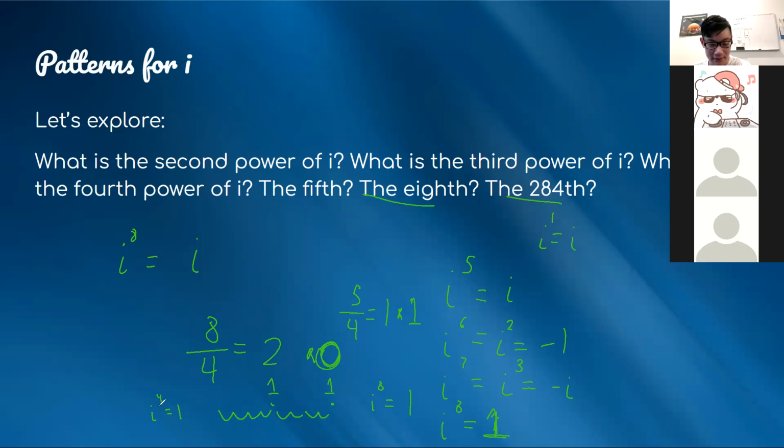Because we know that whenever we have a remainder of 0, it's a multiple of 4. And whenever you have a multiple of 4 as the exponent, it equals 1. So I to the 8th power equals 1. Do you guys understand this? This concept of taking cycles of it and having it repeat every 4 times.